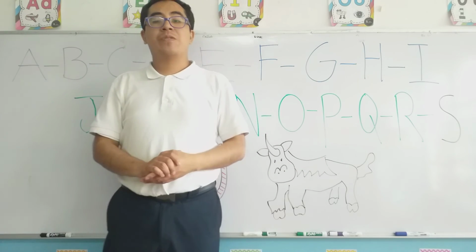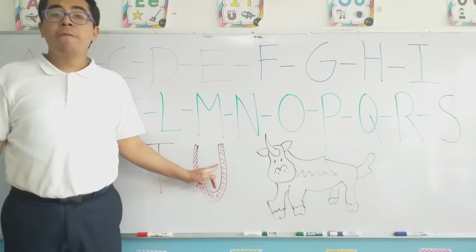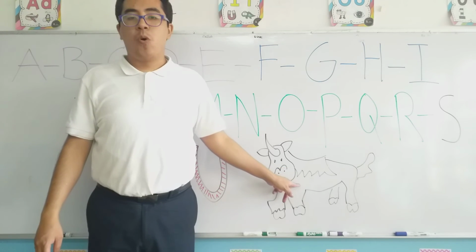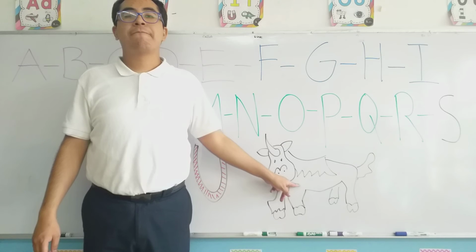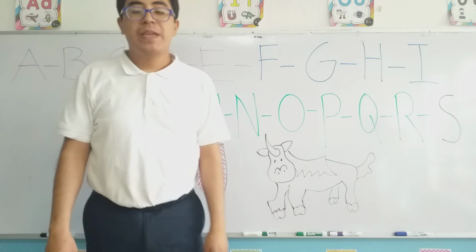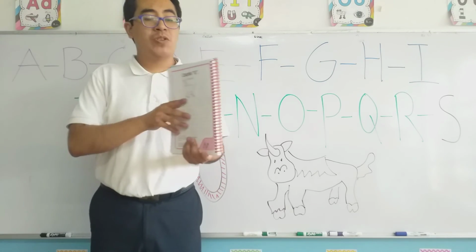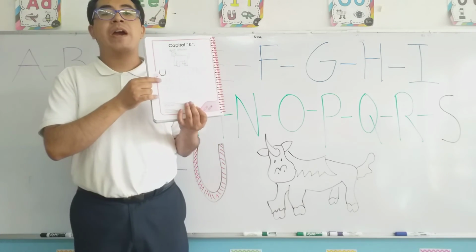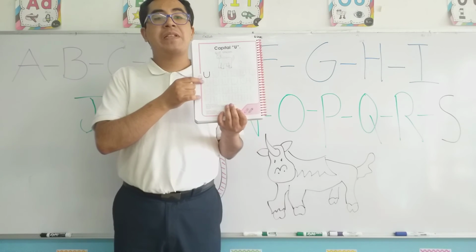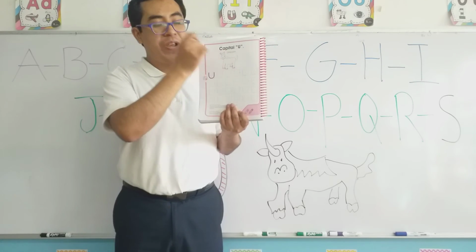Okay? Very good. So, capital U for unicorn. Very good. Now, the activity of today, my children, is part of your teddy books and is located right here. So, capital U for unicorn.